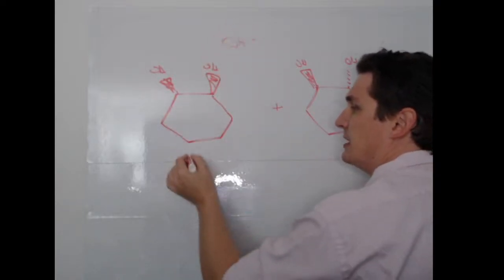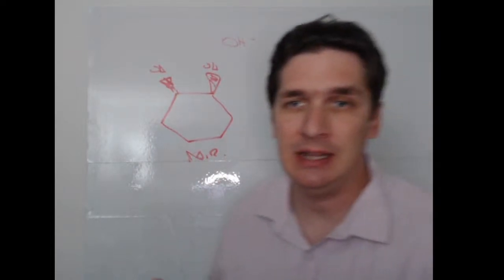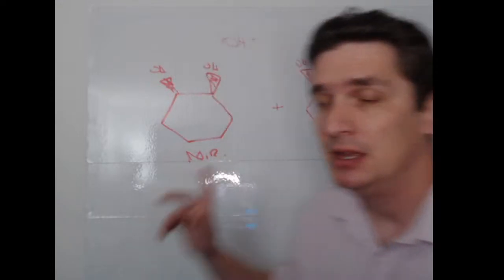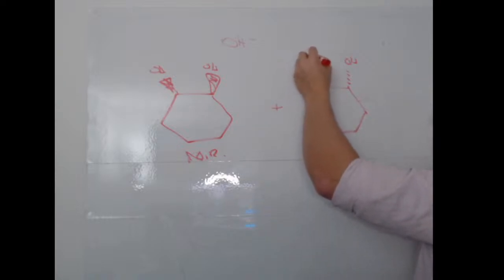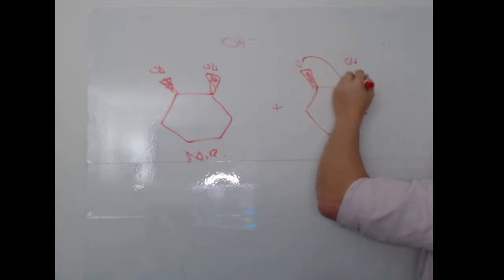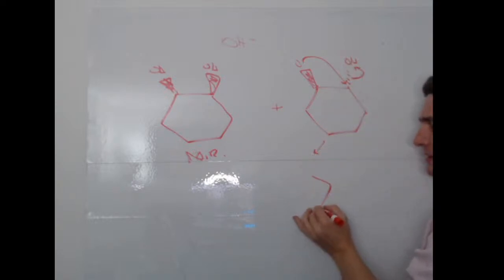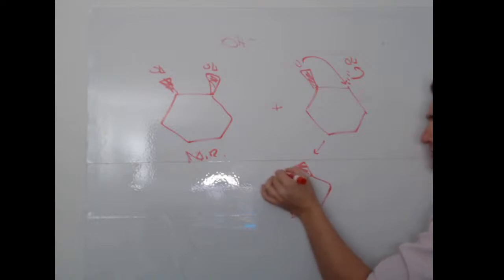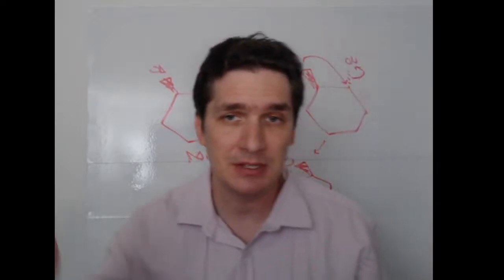For the cis one, there's no reaction. This is a solution of hydroxide, and at worst we might get elimination, but probably nothing's going to happen. With the trans one, we're going to deprotonate one of the alcohol groups. It's going to attack the carbon, pop off the hydroxide, and what we'll finish up with is this epoxide. Now I don't really need to draw the stereochemistry in there because it's got the mirror plane, so it's a meso compound.